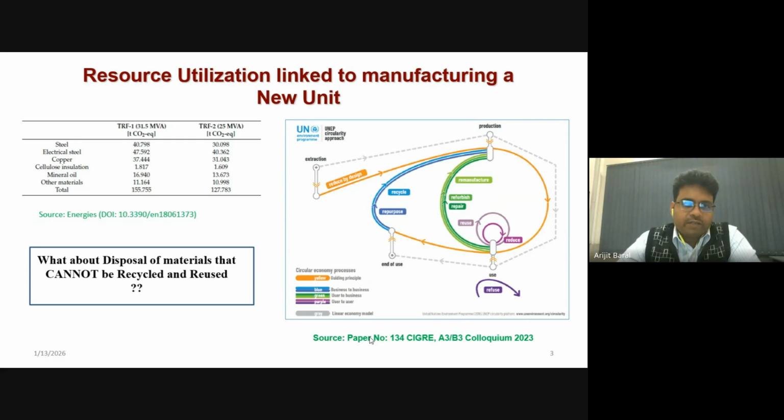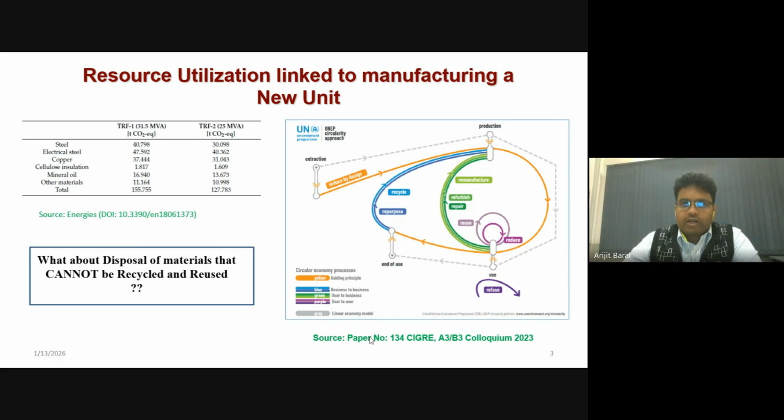You can see that if we consider all the materials that are needed, for example, steel, copper, cellulose insulation, mineral oils, and other materials, the equivalent amount of carbon dioxide in tonnage is significant. So we are talking about a small power transformer. If we are going for a larger transformer, for example, 100 MVA or 200 MVA, it will be even more severe.